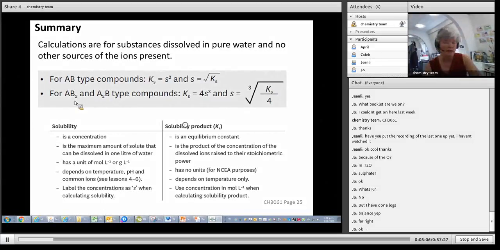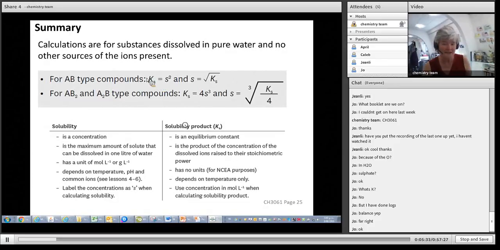But if I have a reaction like calcium sulfate being dissolved in water, it's not very soluble. So most of my stuff is going to remain as solid calcium sulfate, and only a tiny little bit is going to form the calcium ions and the sulfate ions. So I'm going to have a very small constant.